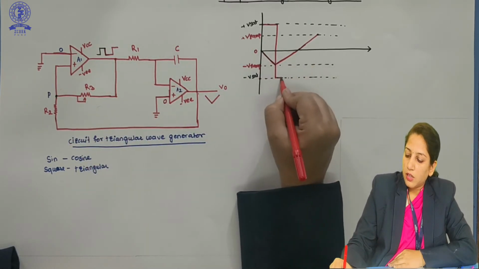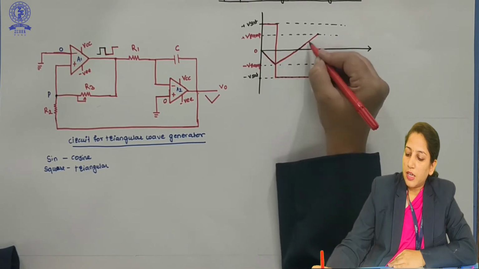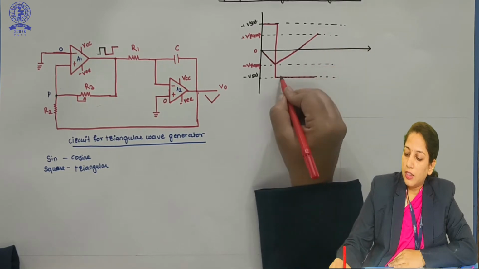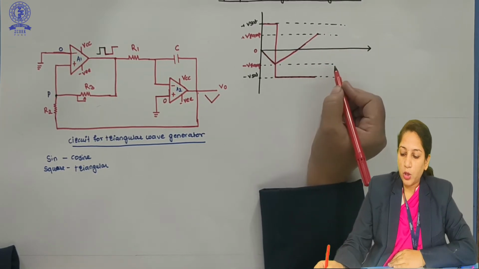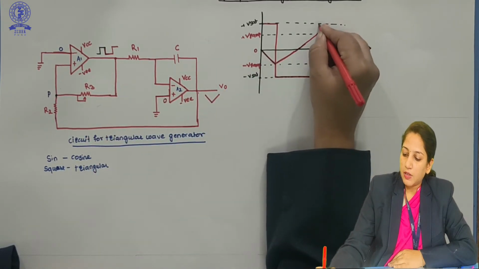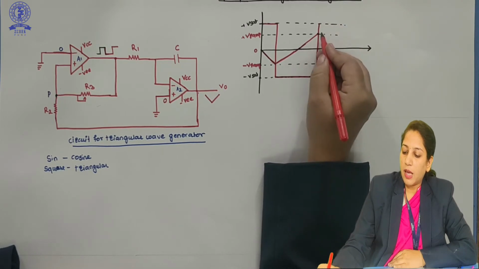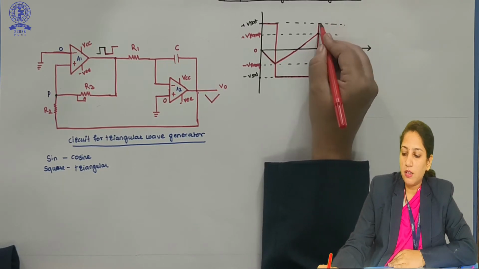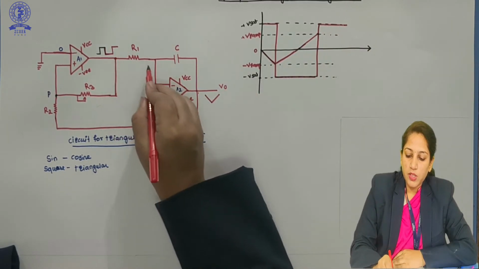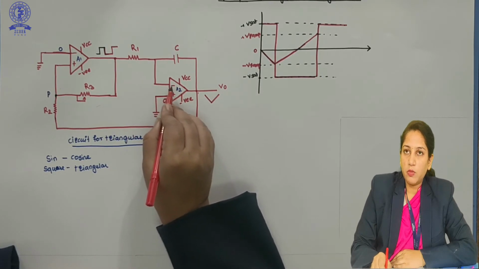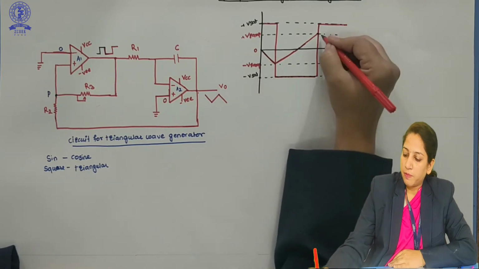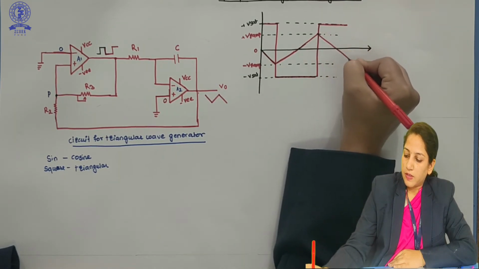Okay, so up till my ramp signal attains plus V ramp voltage, the output of the first amplifier was in minus saturation, and as it attains the voltage plus V ramp, it will go into plus V saturation again. And if it goes into plus V saturation, there will be more positive voltage on the inverting terminal, and so the output wave will get inverted and will go on decreasing.